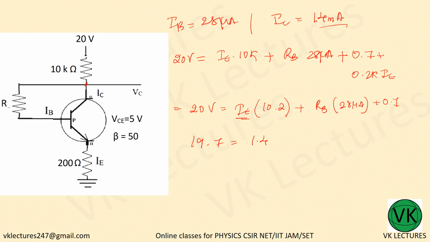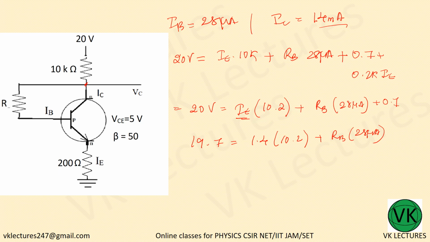So 1.4 into 10.2 plus RB into 28 microampere. Now 1.4 into 10.2 can be written around 15, or 14.5 something, so that value can write 15.